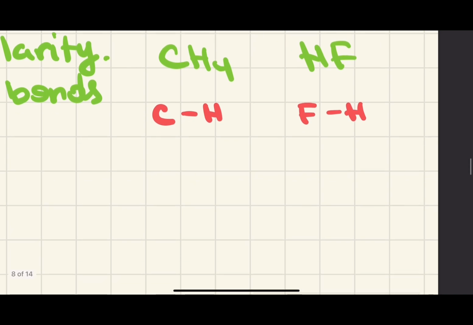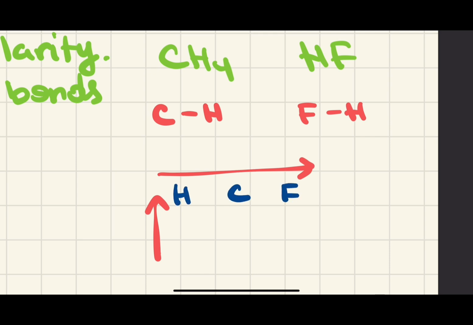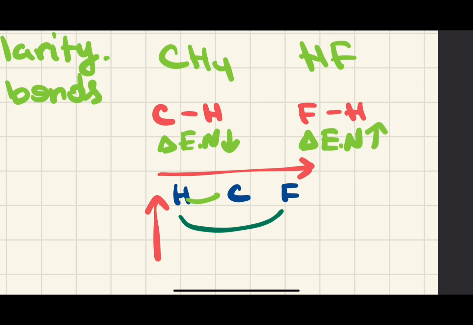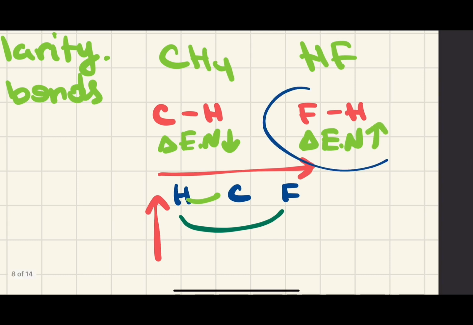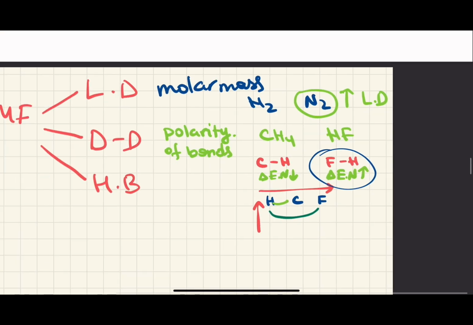We know that electronegativity increases from left to right, bottom to top. Hydrogen is here, carbon is here, fluorine is here. The electronegativity difference in CH4 will be lower, and in HF the electronegativity difference will be higher, which is why the dipole force would be bigger in hydrogen fluoride.